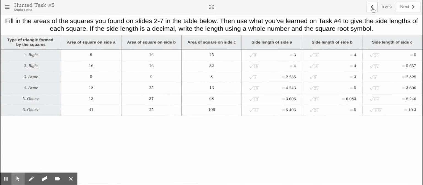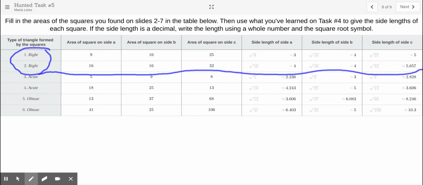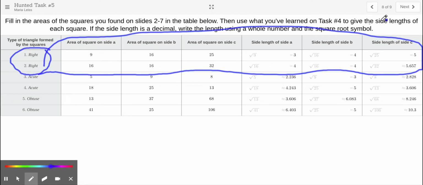Well, if you come back to this slide 8, you will see over here 2 of our campsites involve the word right, because they involve right triangles. So based on just that clue, that should help us narrow our information from 6 campsites to search down to just searching these 2.